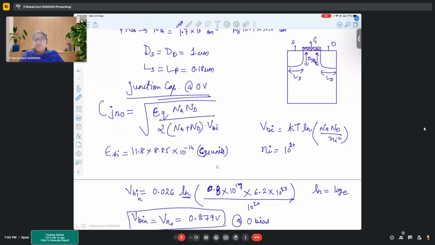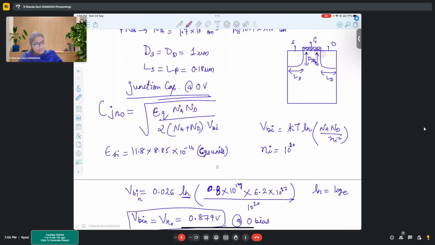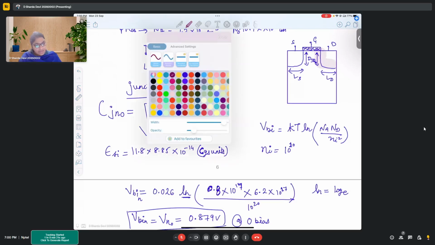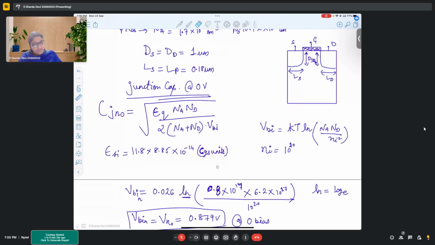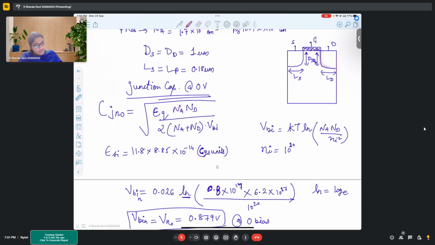So when we talk about junction capacitance, we are more concerned about this reverse junction that we have. This particular reverse junction is our main concern. So that's why the potentials that we talk about are VDS.